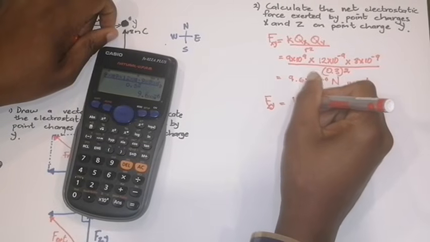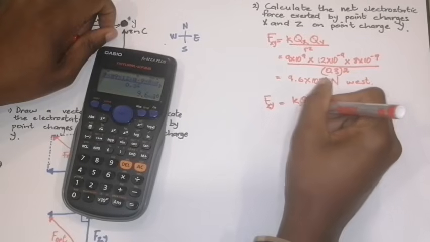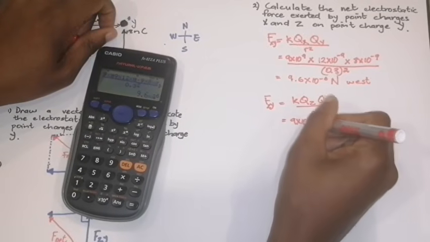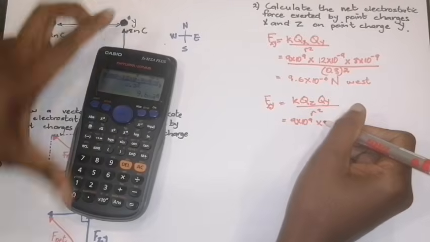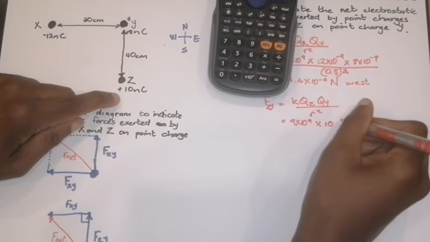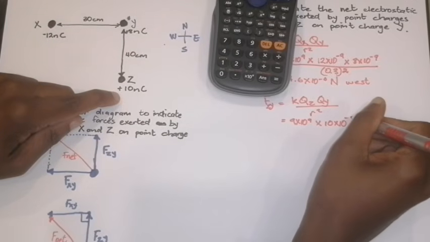Now let's calculate F_ZY quickly. That's k Q_Z Q_Y divided by r squared. So that's 9 times 10 to the power 9. The charge of Z is 10 nanocoulombs, so that's 10 times 10 minus 9.